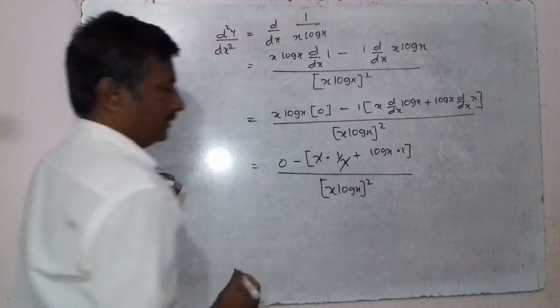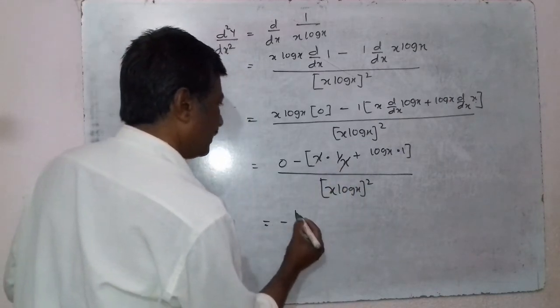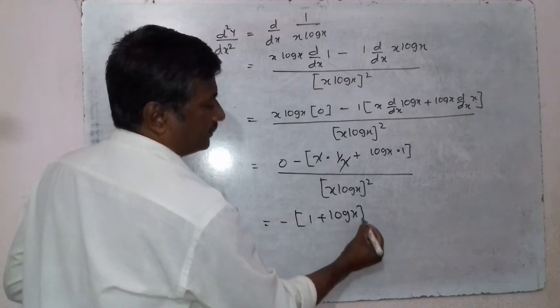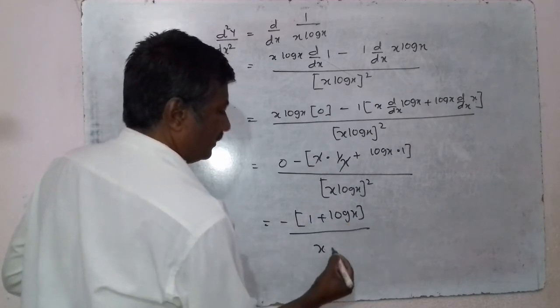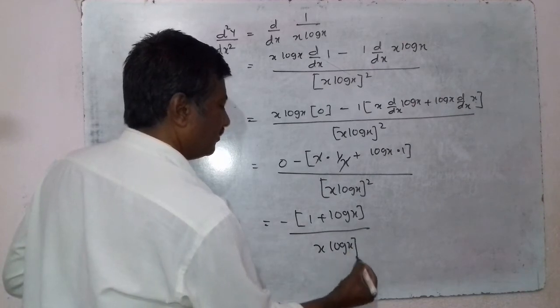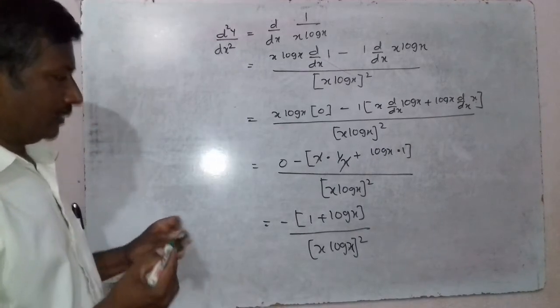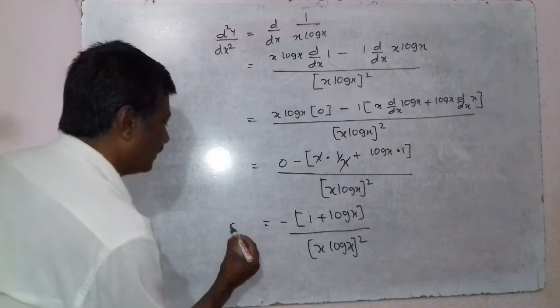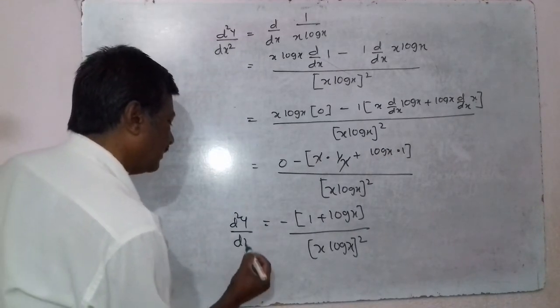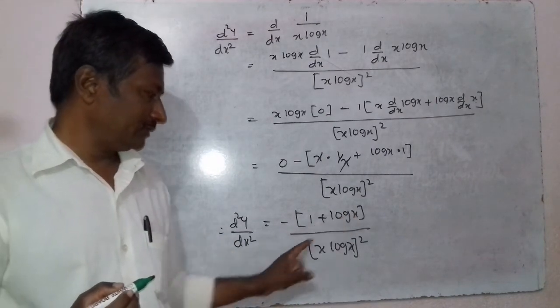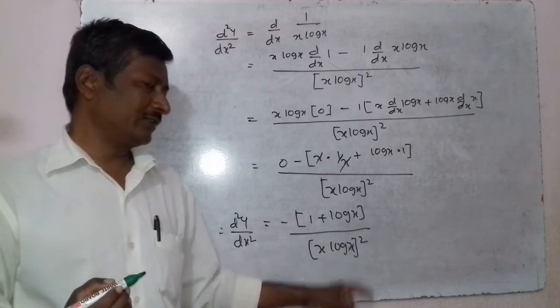Here x gets cancelled. Minus into bracket 1 plus log x, divided by x log x bracket square. So d square y by dx square equals minus of 1 plus log x divided by x log x bracket square.